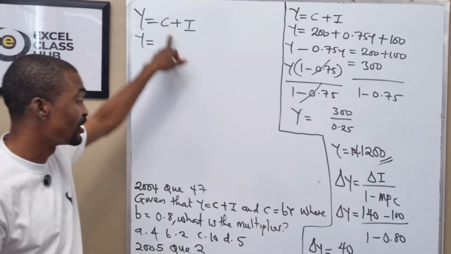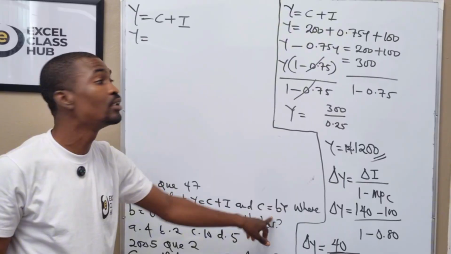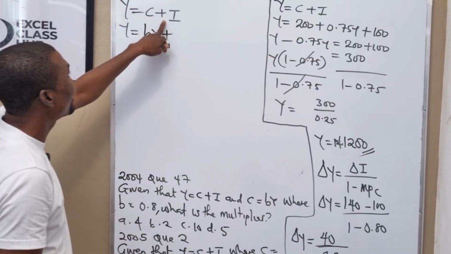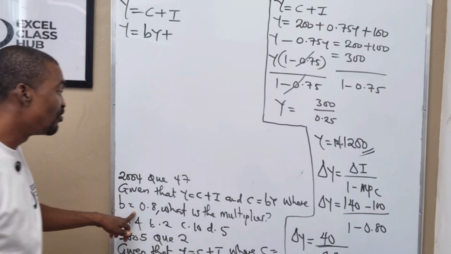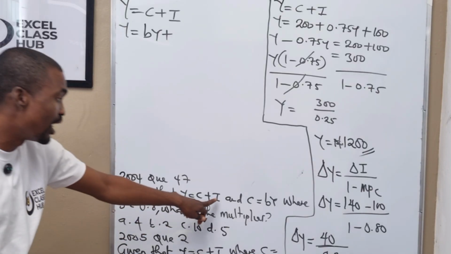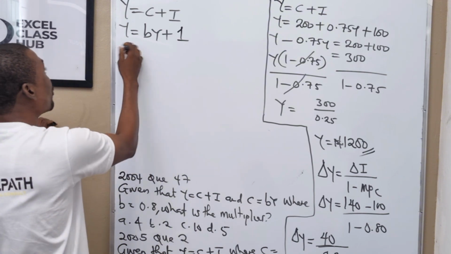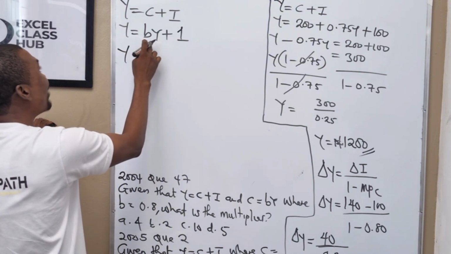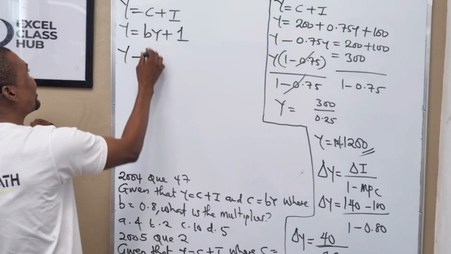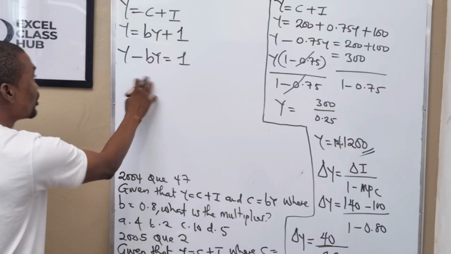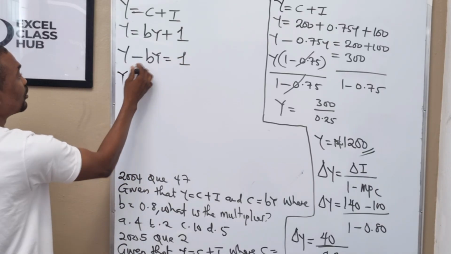So anywhere you see C, you replace it with bY. So we have bY plus I. We are not given the investment in the question, so any letter also stands as 1. So you put it to be 1. So we have Y, this bY, you bring it down here, becomes minus bY equals 1. What is common here? Y is common. You bring out your Y. You open your bracket.